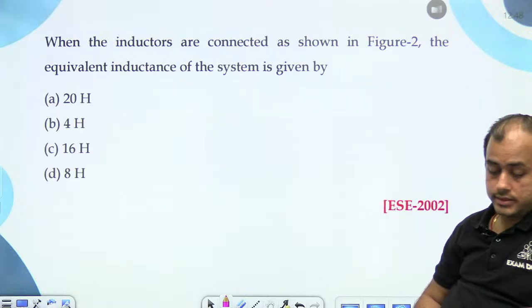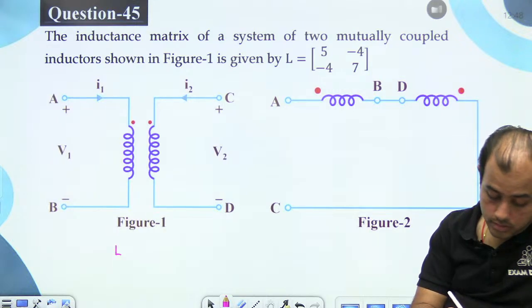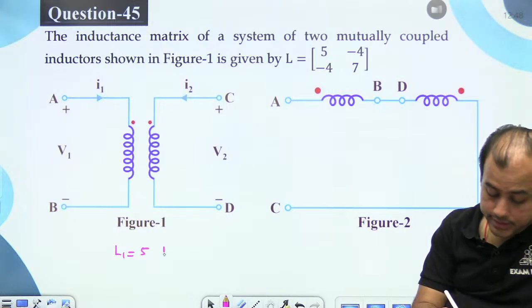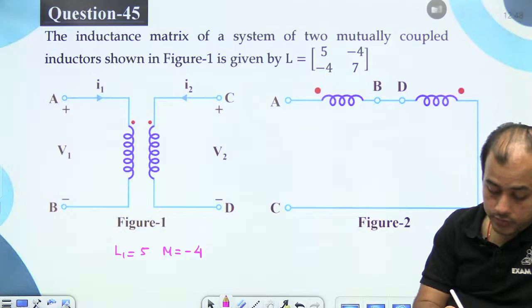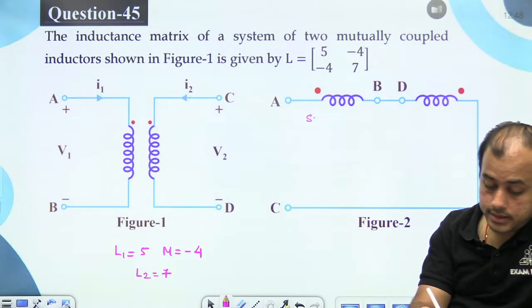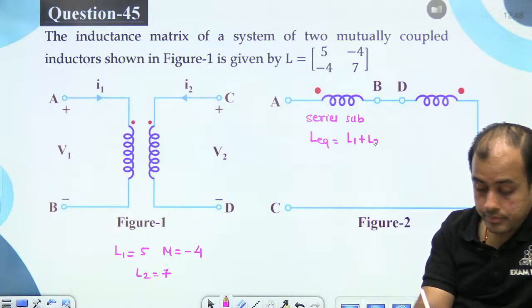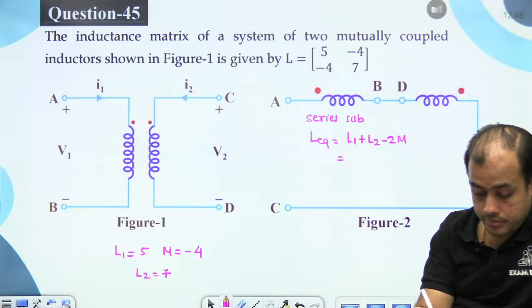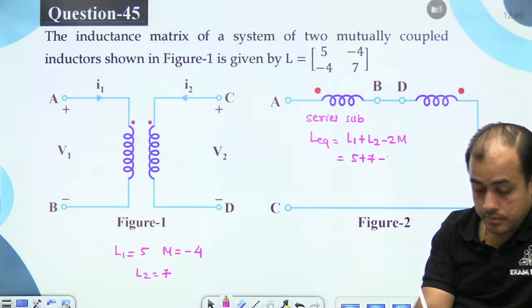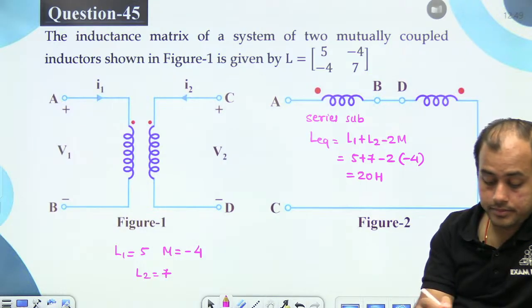These are your options. देखो, सेल्फ इंडक्टेंस इज 5, म्यूचुअल इज -4. दिस इज सीरीज सब्ट्रैक्टिव. तो 20 हेनरी.